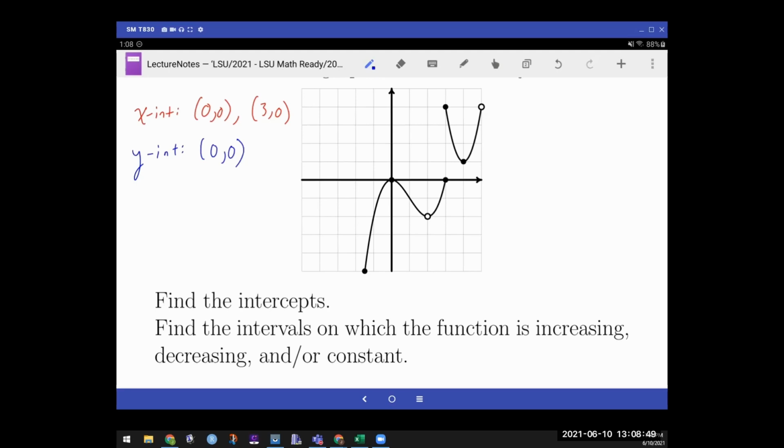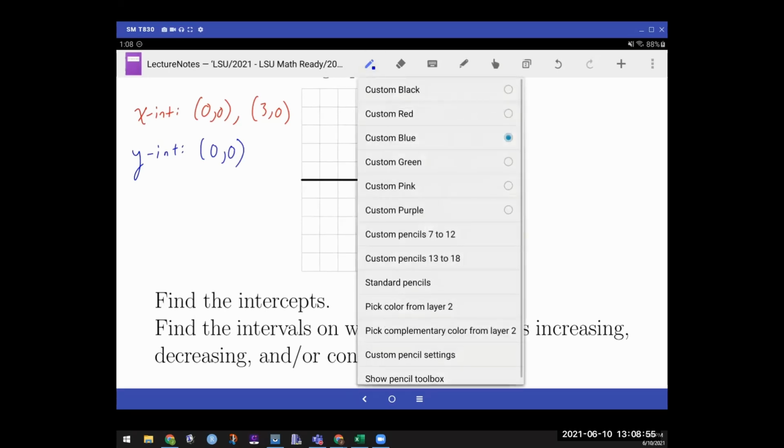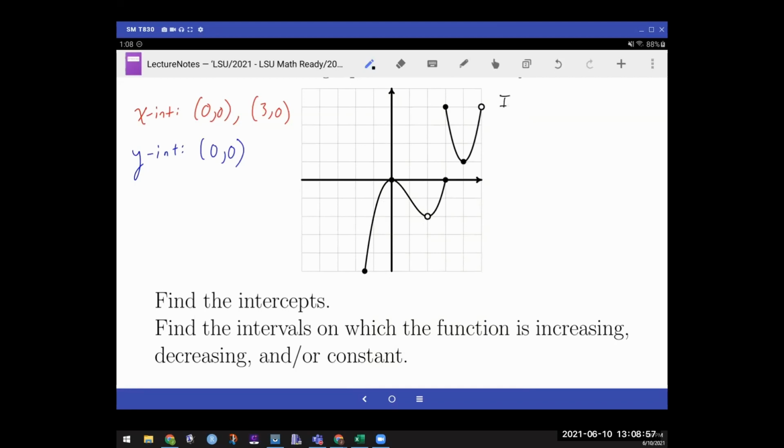But let's talk about the intervals where it's increasing and decreasing. So I'll just jot this off to the side here. Where is this thing increasing? Remember to trace it from left to right. So starting down here, from left to right, it's increasing until it hits this point. Then it starts decreasing.